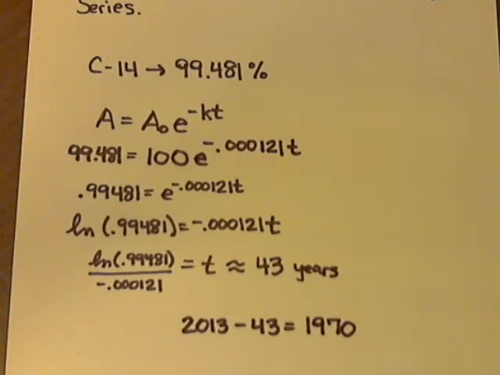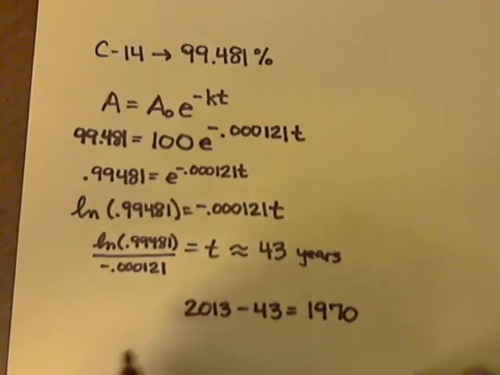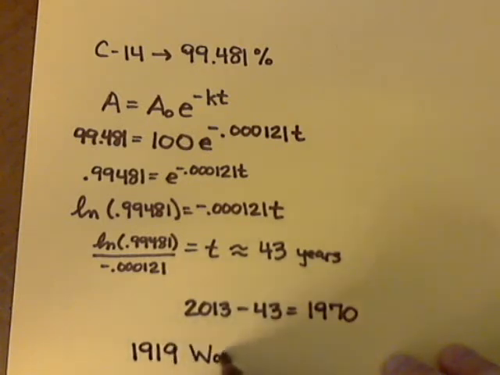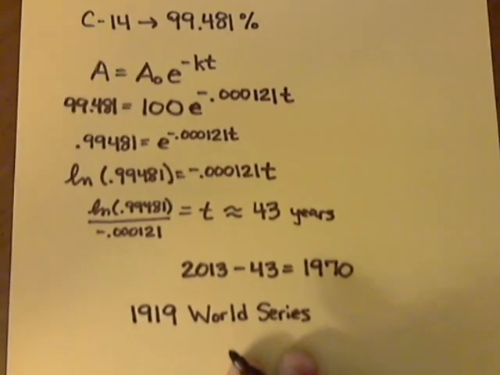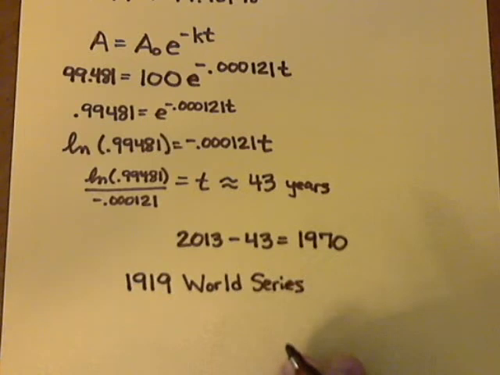Now, some of you may be baseball fans and know that the Black Sox scandal was in the 1919 World Series. So based on our carbon-14 dating, we can tell that this bat was made well after the 1919 World Series. So the claim that it was used in the World Series is false.